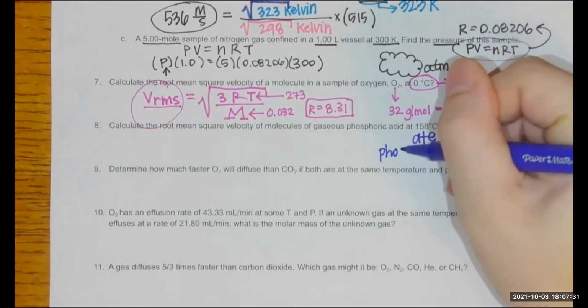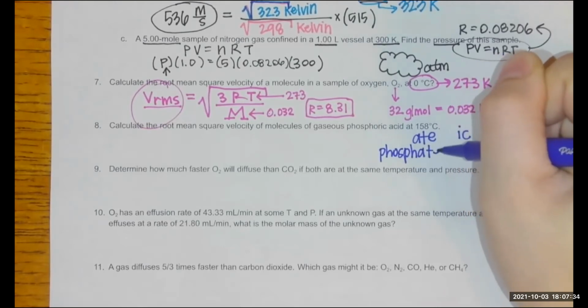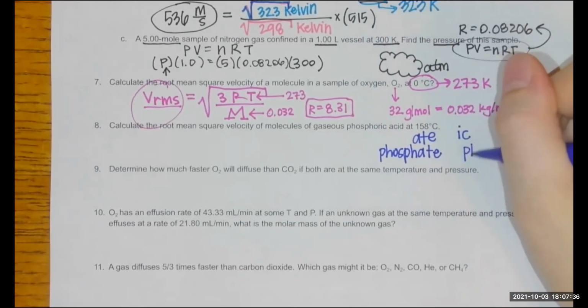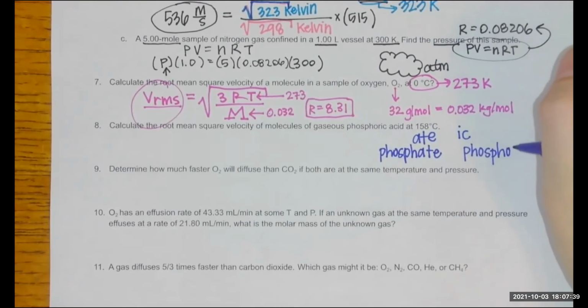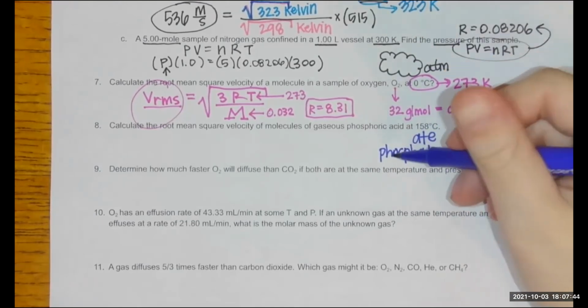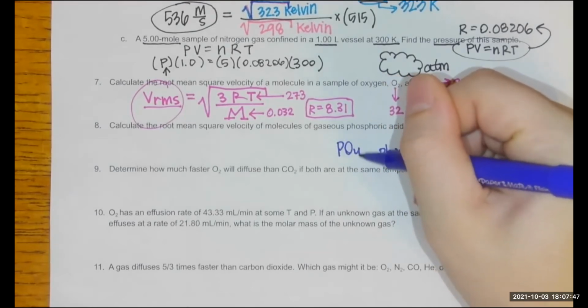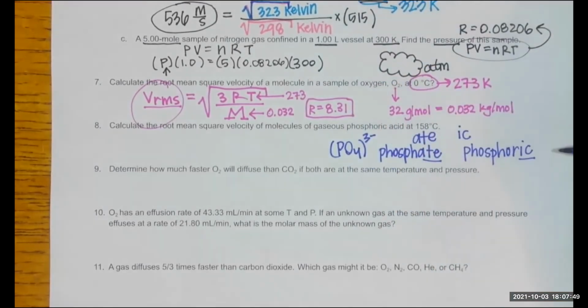So if I had a phosphate that changed into phosphoric, a phosphate is PO4 with a 3- charge. So phosphoric acid must be PO4 with 3 hydrogens on the front. Phosphoric acid.